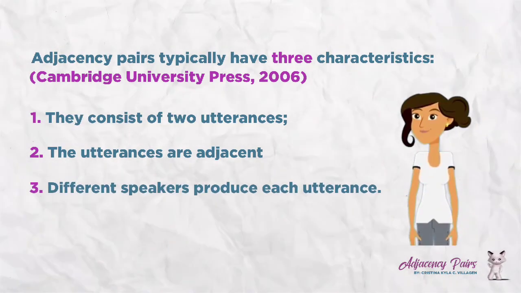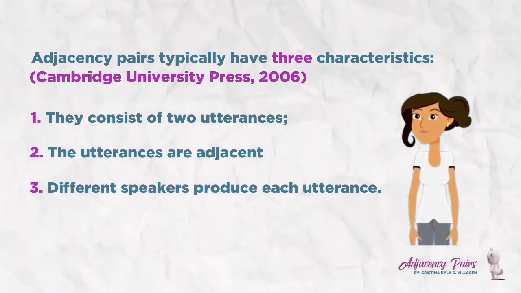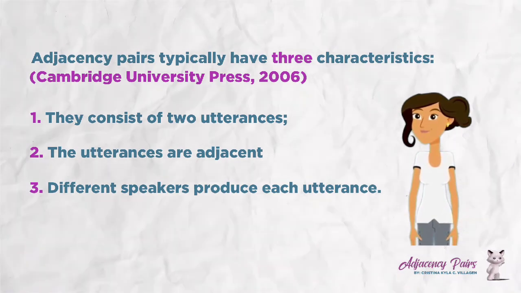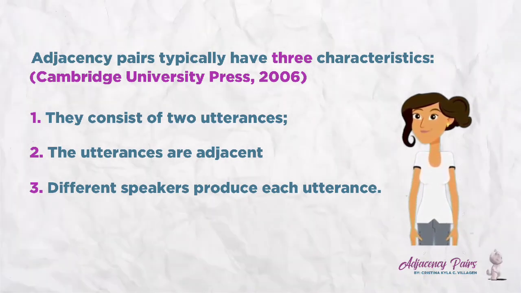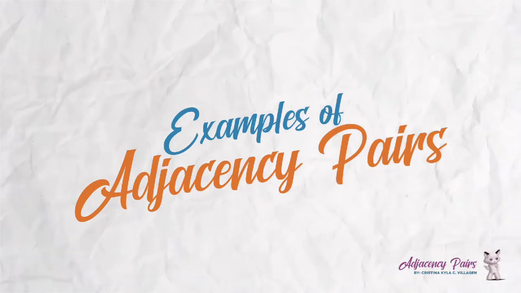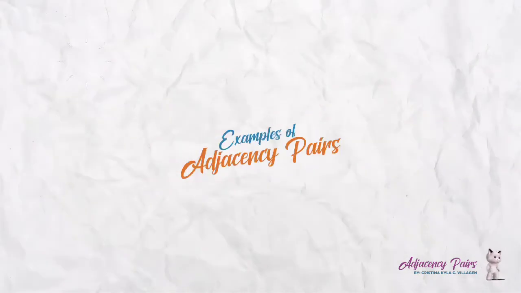Number 3, different speakers produce each utterance. It means that the speaking of the first utterance by the first speaker provokes a responding utterance of the second speaker. For better understanding, here are some examples of adjacency pairs.